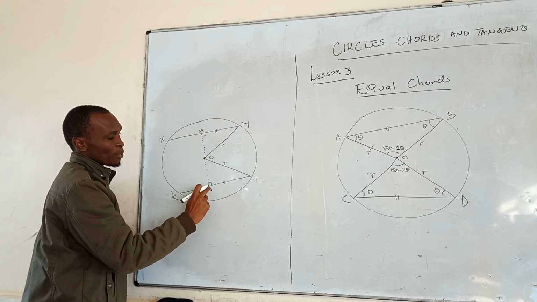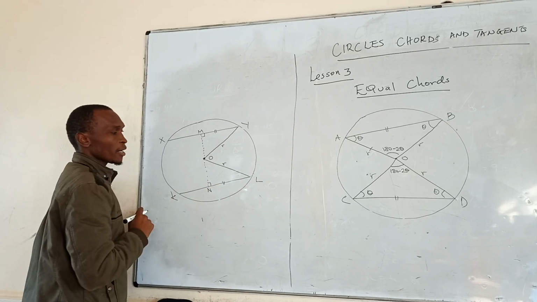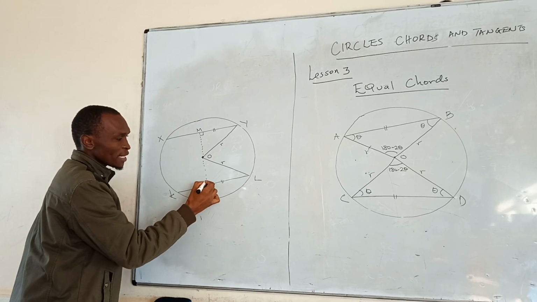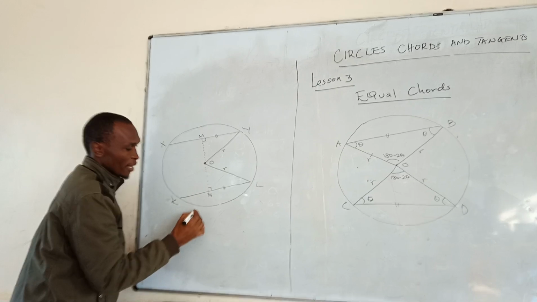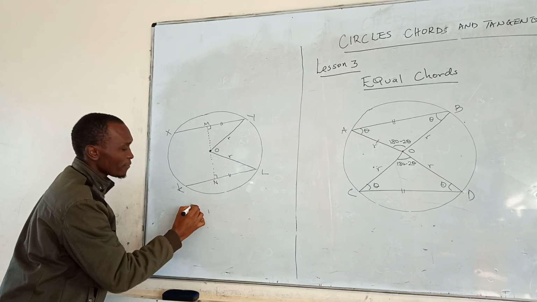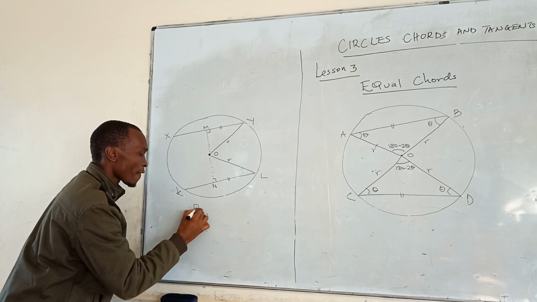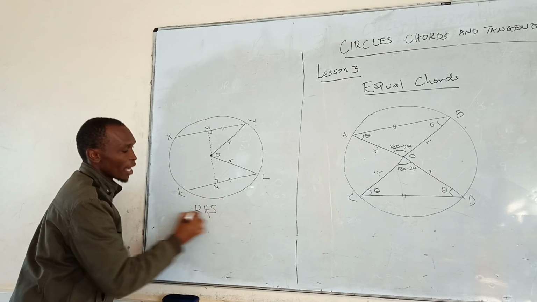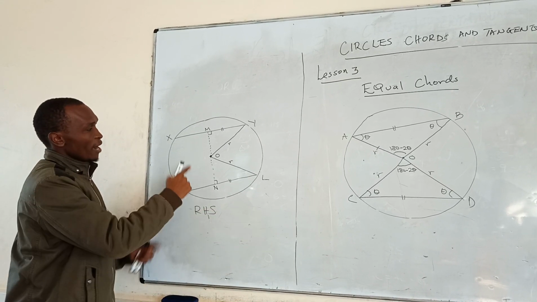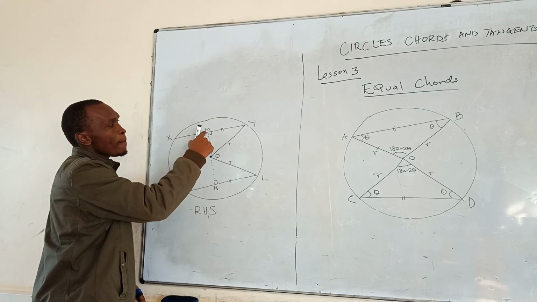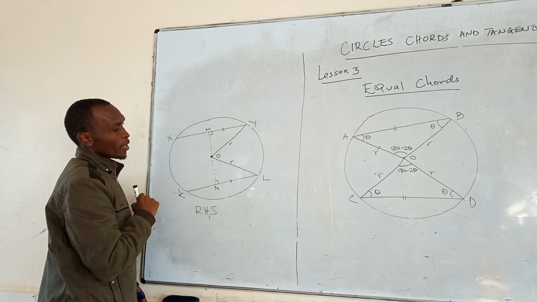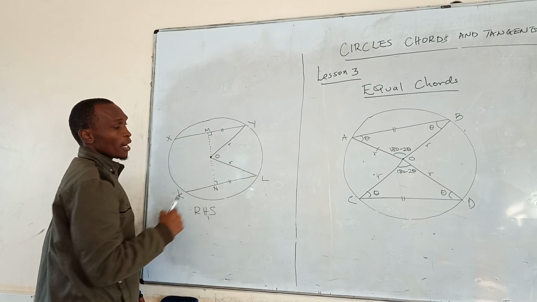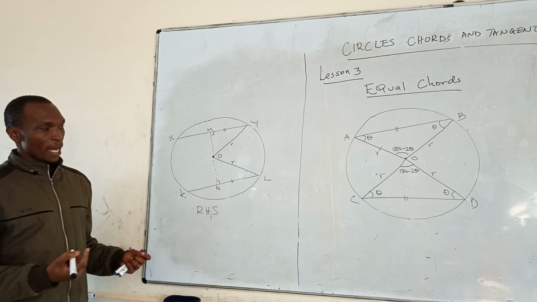MY is also corresponding with NL. Therefore, because this is 90 degrees, we have a right angle, we have the hypotenuse, and also we have the side. So therefore, triangles MYO and ONL are actually congruent.